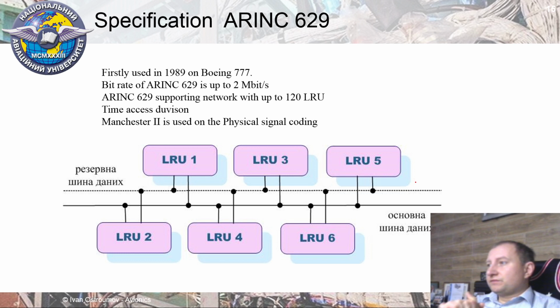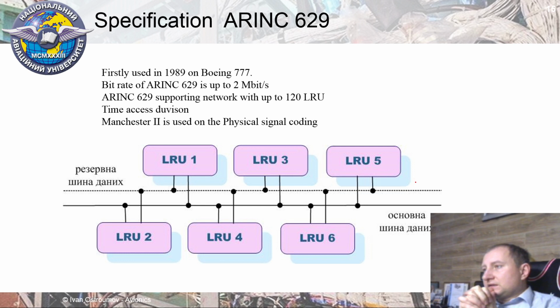The next level of data modification in DDB is specification ARINC 629. The main thing here is that it uses time division access for the bus.